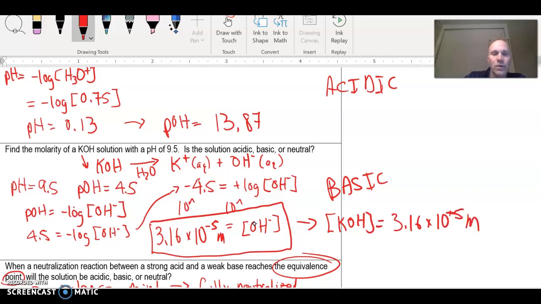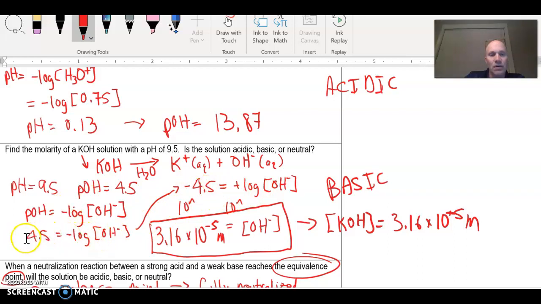The way that we do that is by, first of all, recognizing that the pH is 9.5. We can turn that into pOH. And the pOH, if we know that, we can use to calculate the hydroxide ion concentration. Once you get to this point right here, you change the signs.